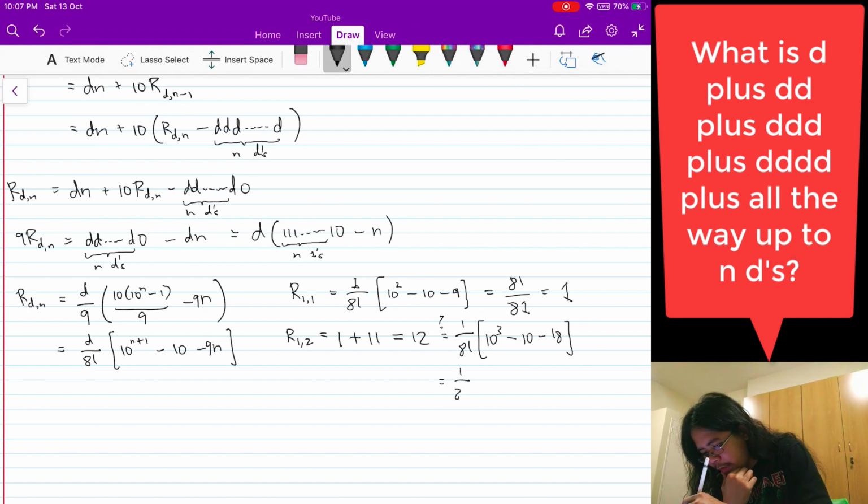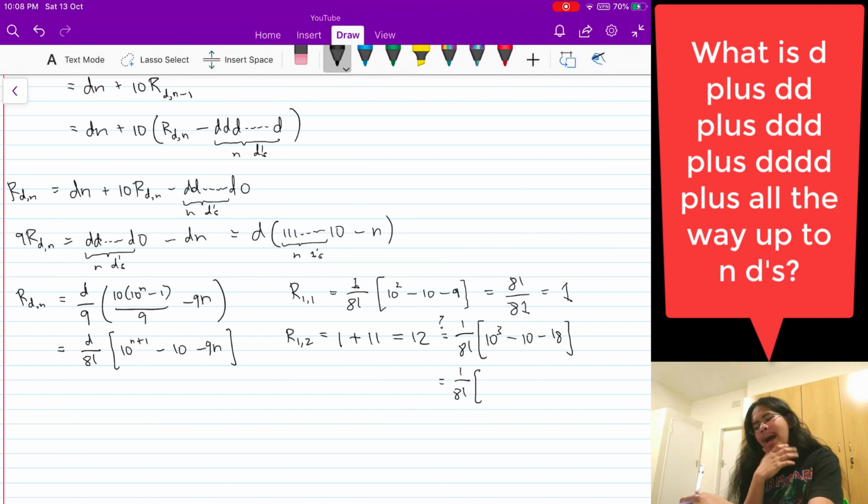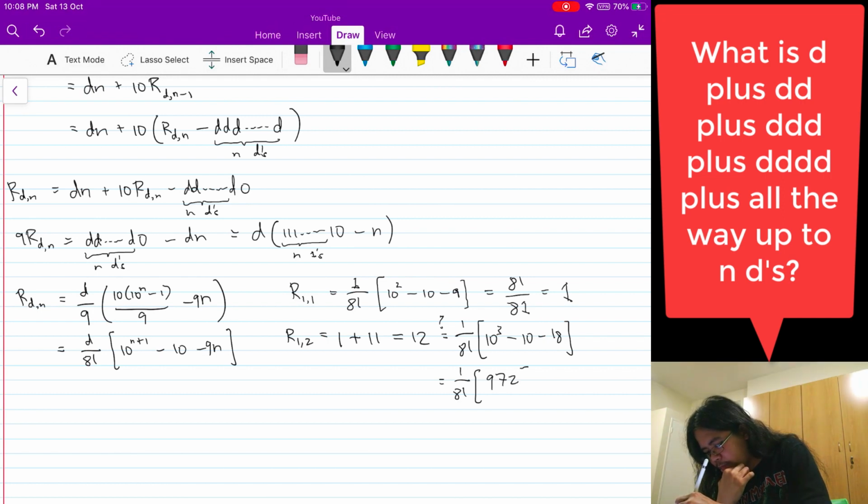This gives you 1 over 81 times 1000 minus 28. 1000 minus 28 is 972. And again, to divide that properly, let's write 972 as 9 times 100 plus 9 times 8, over 9 times 9.